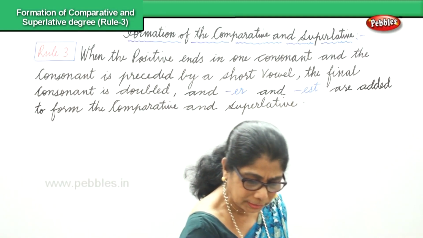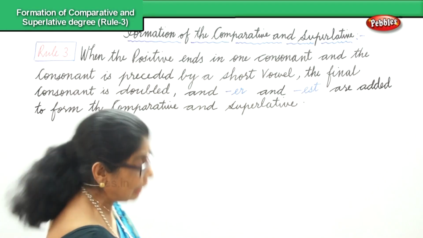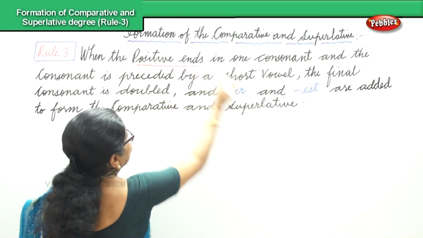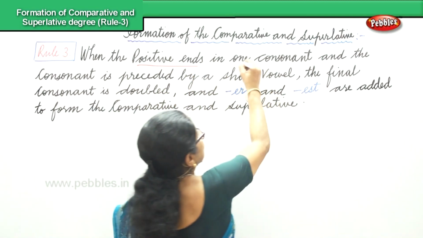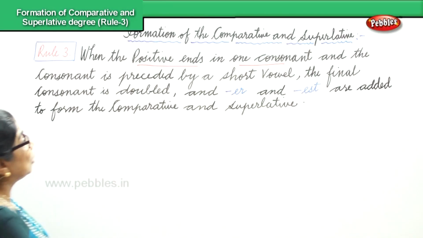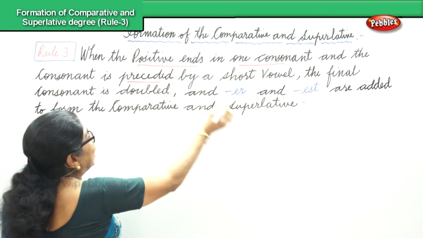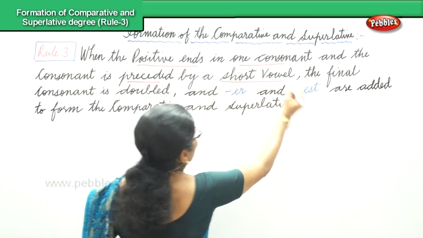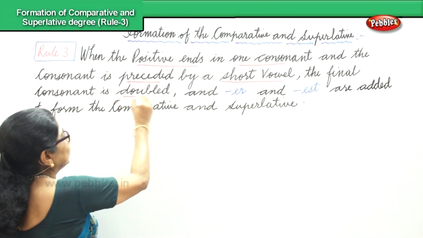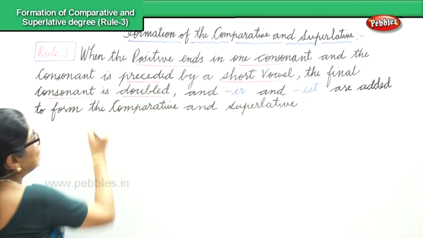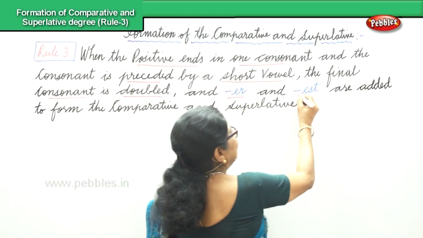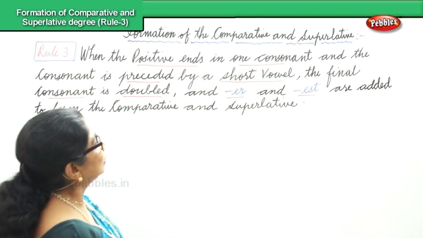Okay. What does the rule say? Rule number 3 says, when the positive ends in one consonant and the consonant is preceded by a short vowel, what happened? The final consonant is doubled and you add ER to the comparative, EST to the superlative.